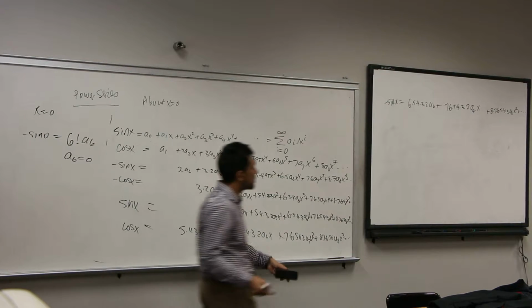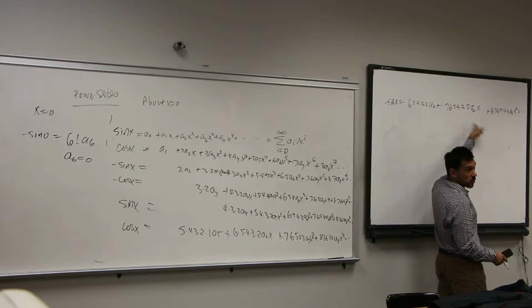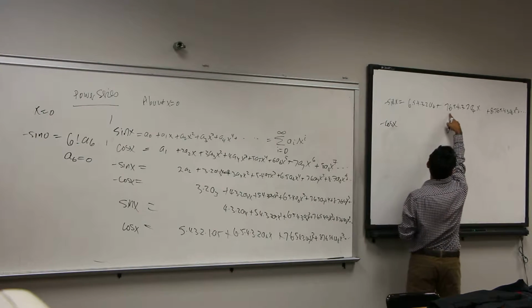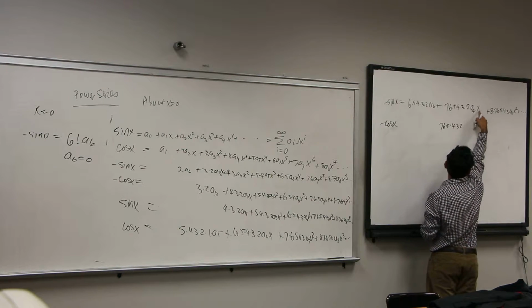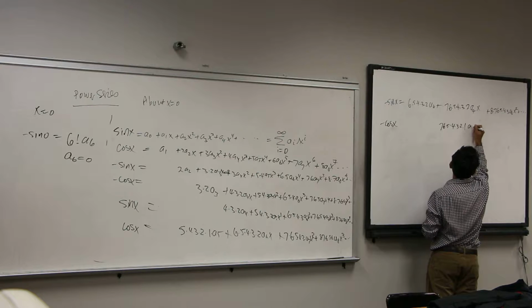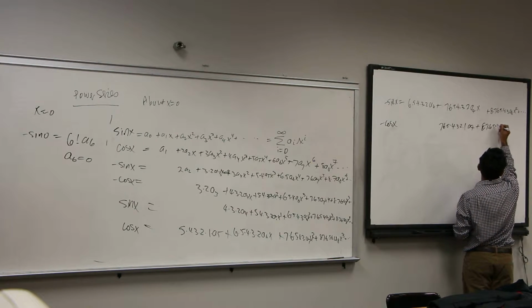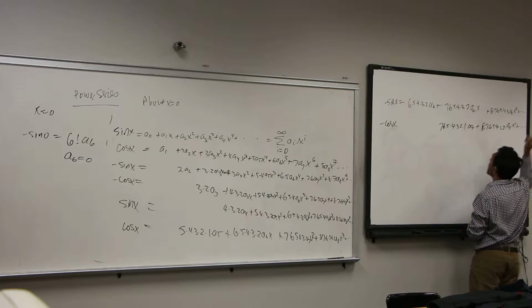I'll do it one more time. We'll differentiate both sides. Minus cosine x, and that is 0, and here it's 7 times 6 times 5 times 4 times 3 times 2 times 1, a7, plus 8 times 7 times 6 times 5 times 4 times 3 times 2, a8 x, blah, blah, blah.